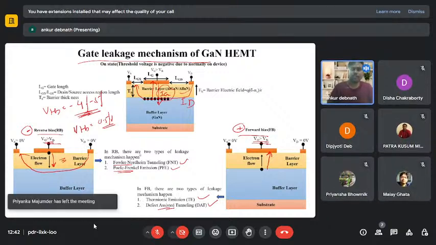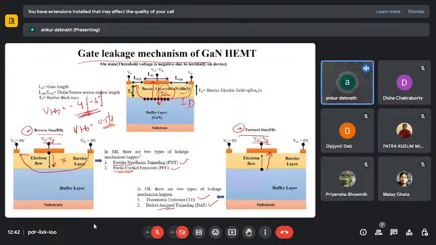If you want to make a career in semiconductors, suppose in future after BTech or MTech you want to go to the semiconductor industry, you always have to think about this leakage current. It's a very serious issue, because the gate leakage current is unintentional current.